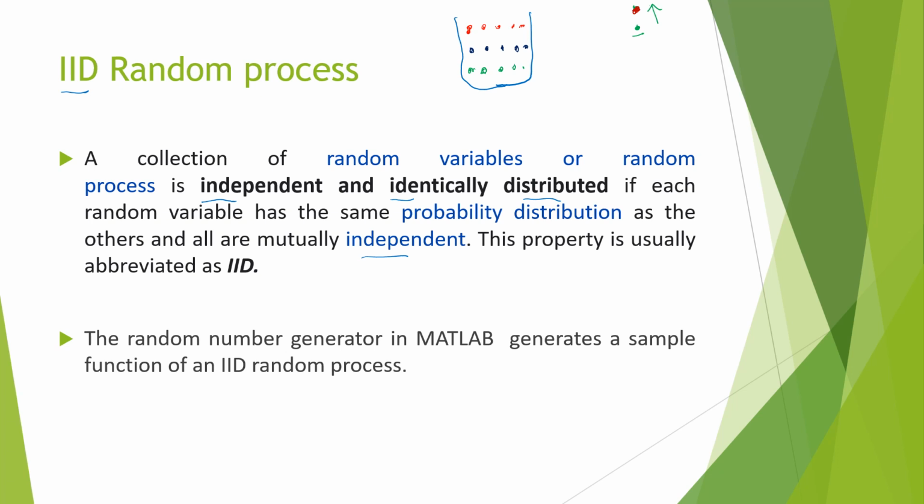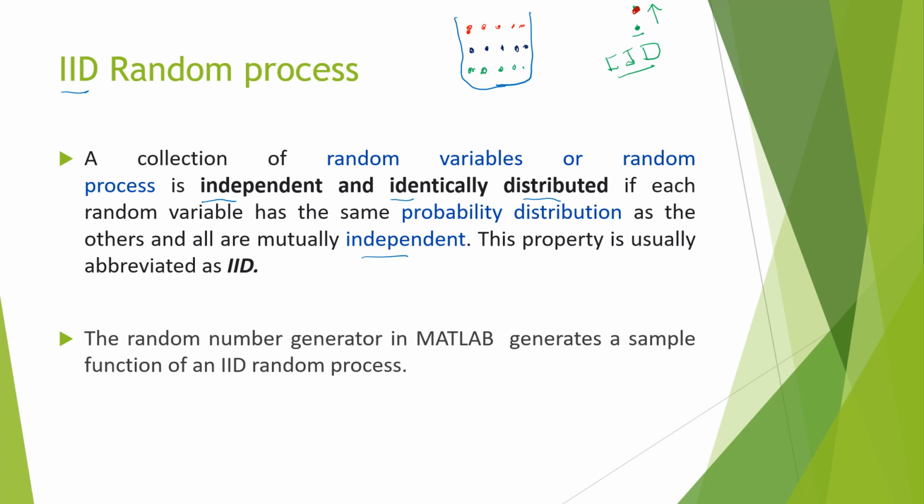Suppose I repeat the same experiment, but after picking up the red ball, I put the red ball back here and conduct the second experiment. In this case, the probability distribution is similar for all experiments. So this is known as IID, independent and identically distributed random process.